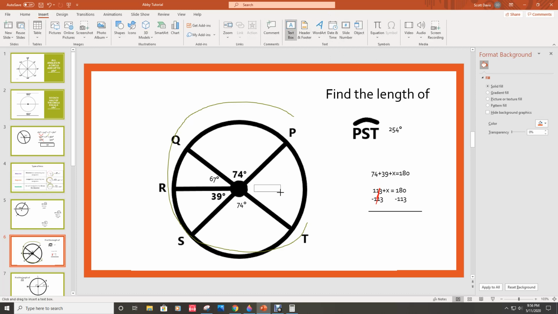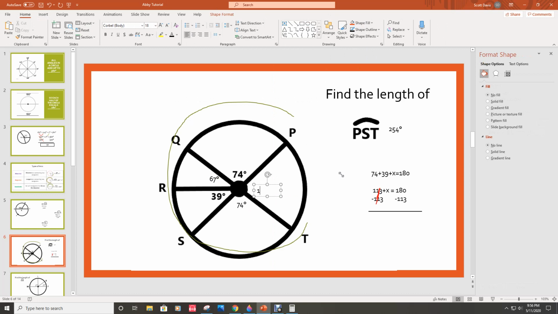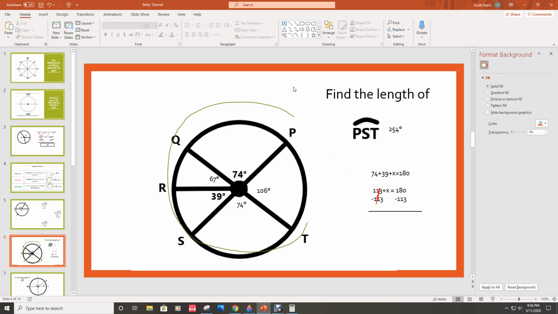I really hope I'm right, Abby. Okay, 106. All right, so let's see if we are correct. Let's add up all of our angles. We could go the hard way and do 74 plus 67 plus 39 plus 74, but I'm not going to do that because I already added it together. It's right here, 254.